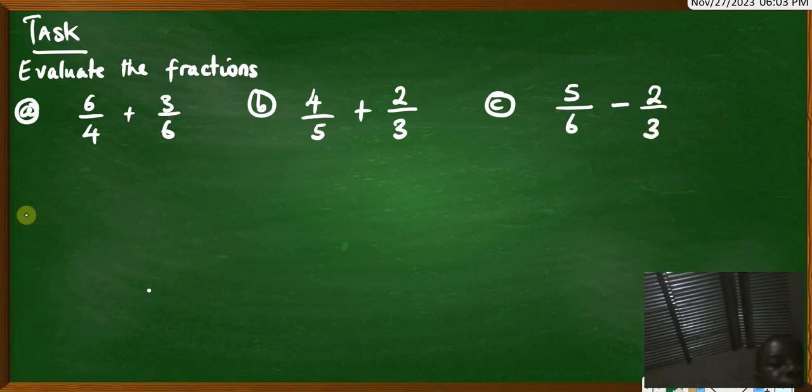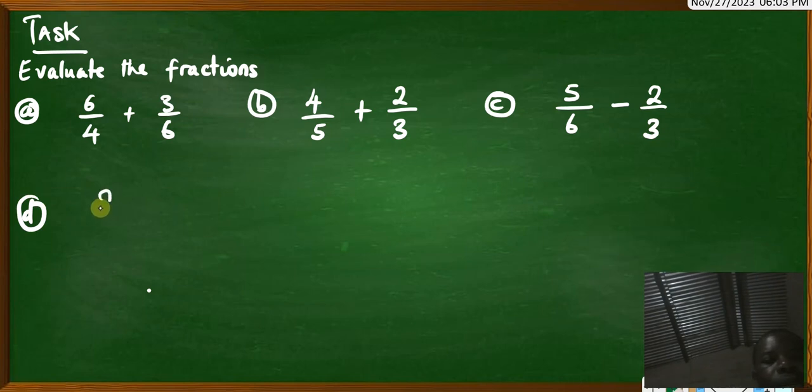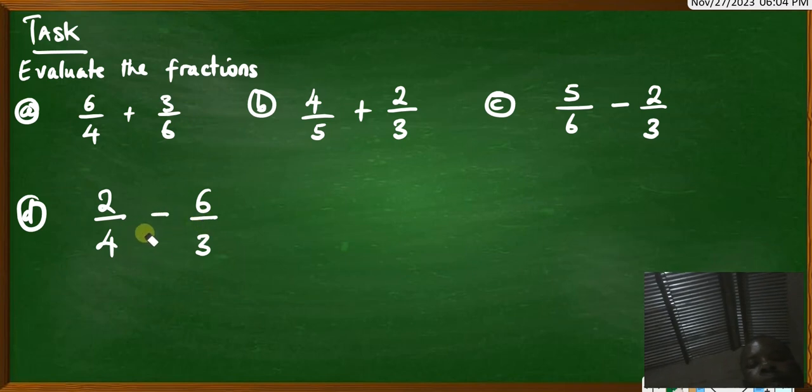Then I'll give you D, which is 2 over 4 minus 6 over 3, like that. So these are some of the questions that you are going to try out. Then submit the work for marking.